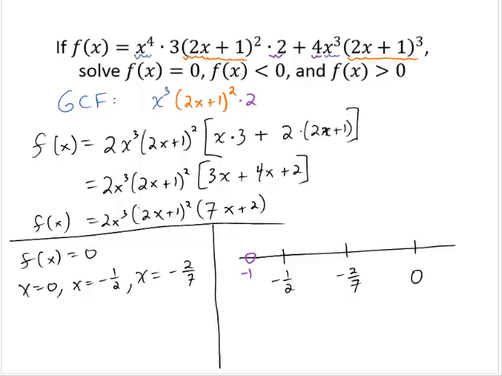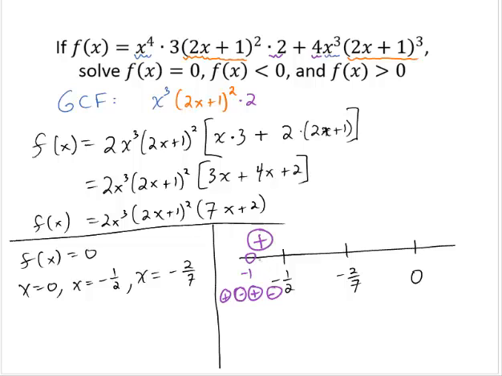Well, negative 1 cubed is negative, so I'd have a positive times a negative, because 2 is always positive. 2x plus 1 squared will always be positive, since it's a quantity being squared. And then 7x plus 2, if x was negative 1, that would be negative. So then we have a positive here.